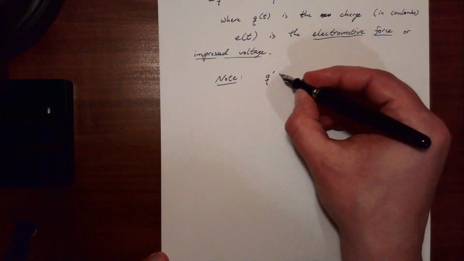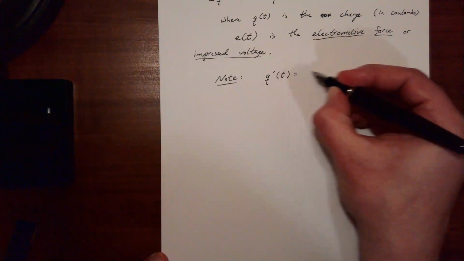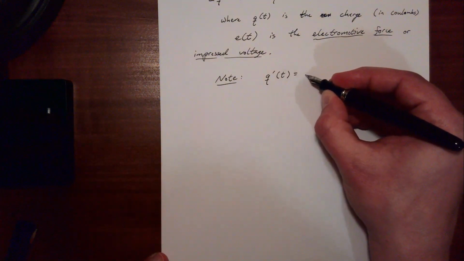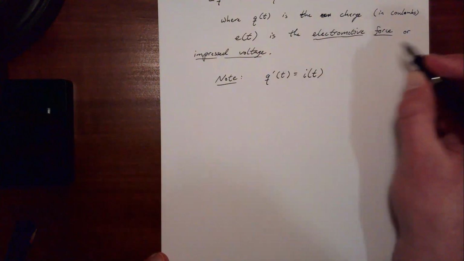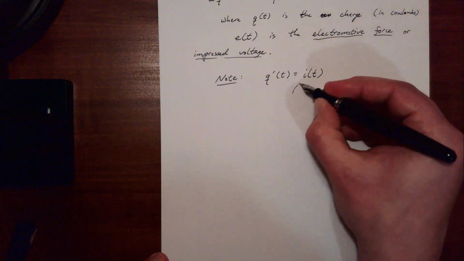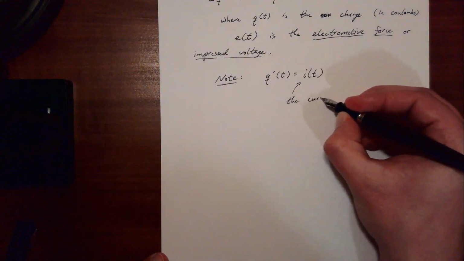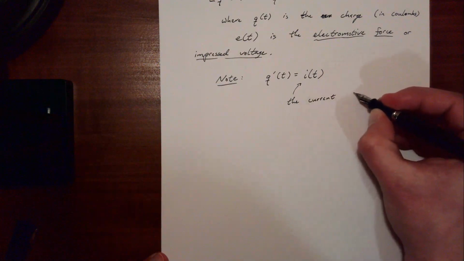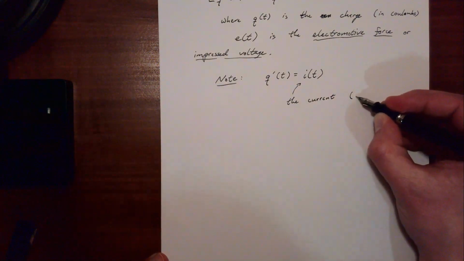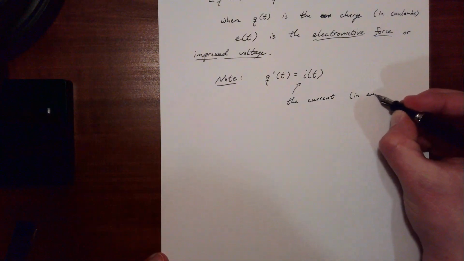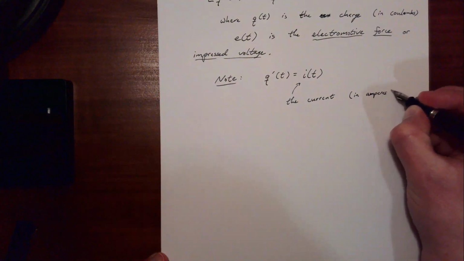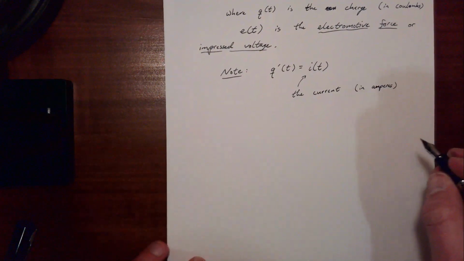So Q prime of t is equal to I of t, and that is the current. And the units for that would be amperes.